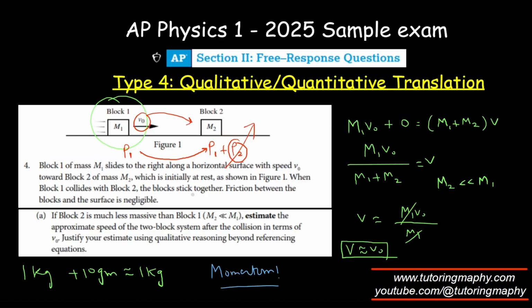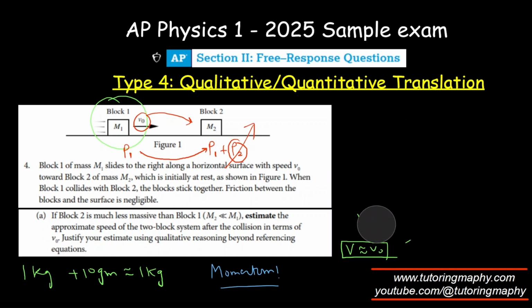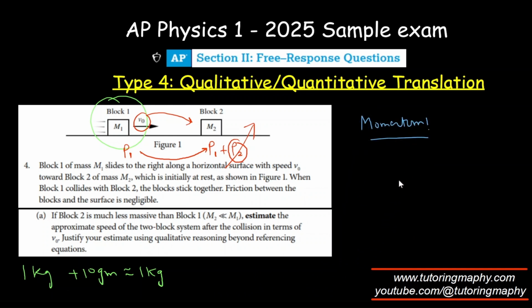So I think in this question, we can just ignore writing the equations part, because it's not like they are going to deduct marks, but that's not something that they want us to show, because they want us to explain it beyond the equation. So you can just say that the momentum is conserved. That's the first thing.